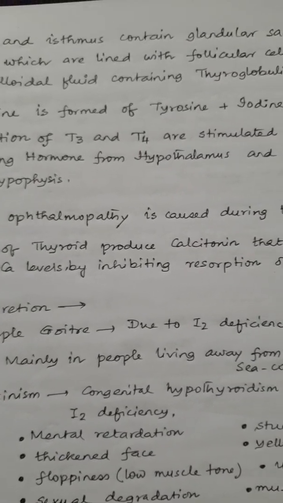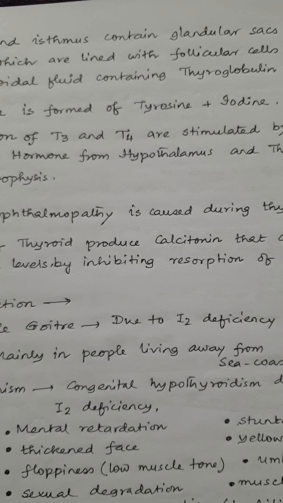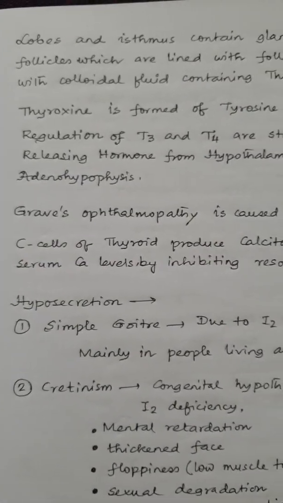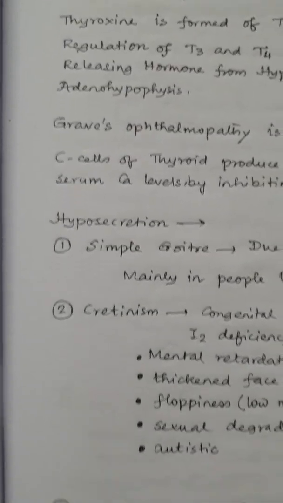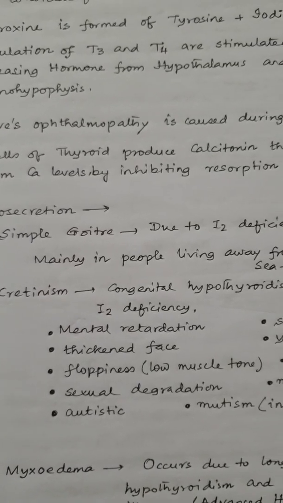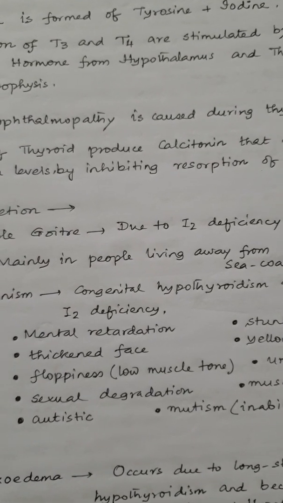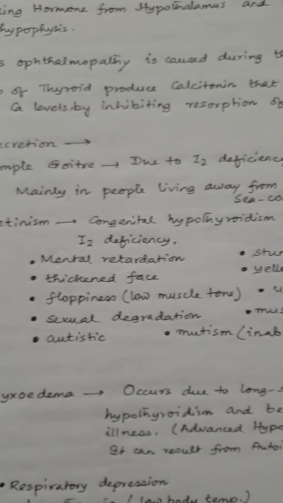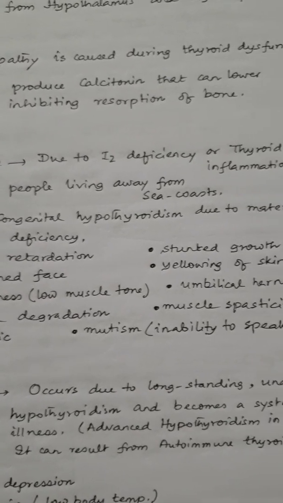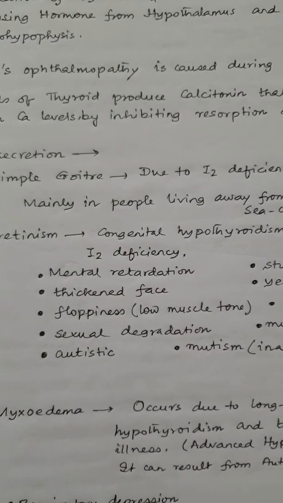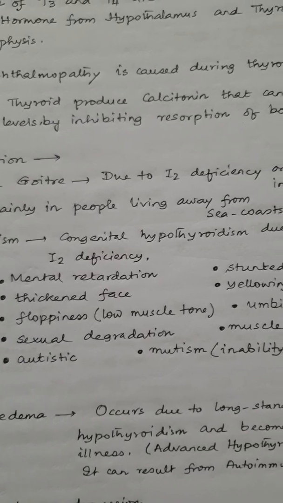The regulation of T3 and T4 are stimulated by thyrotropin releasing hormone from the hypothalamus and thyrotropin from adenohypophysis. Graves' ophthalmopathy is caused during thyroid dysfunction. The C cells of thyroid produce a hormone called calcitonin that can lower the serum calcium levels by inhibiting resorption of bones.